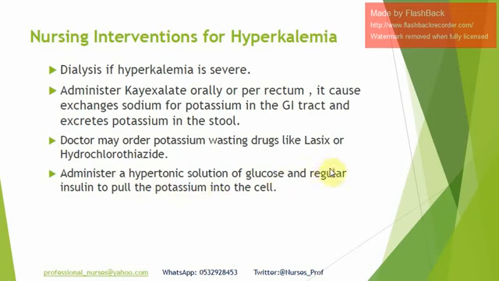Doctors found that if we give the patient dextrose with insulin, especially the insulin, it will pull the potassium into the cell, and this is one of the common interventions for a patient with hyperkalemia.